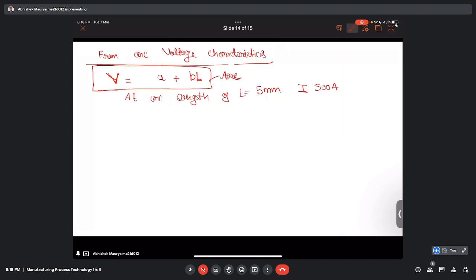And here we have written a relationship between voltage and arc length, but the boundary conditions we have been given are between the length and current.